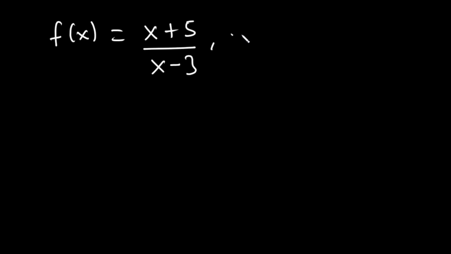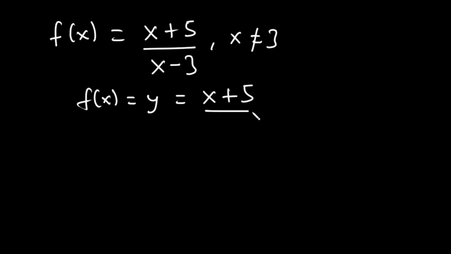Let's say we have a function f of x is equal to (x plus 5) divided by (x minus 3), where x is not equal to 3. How do we find the inverse of this particular function? So straight away, let's replace f of x with y. So y is equal to (x plus 5) divided by (x minus 3).